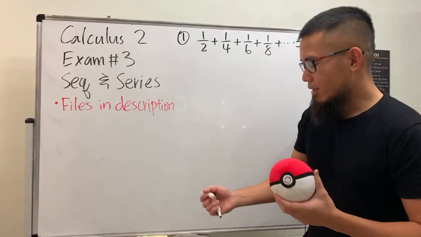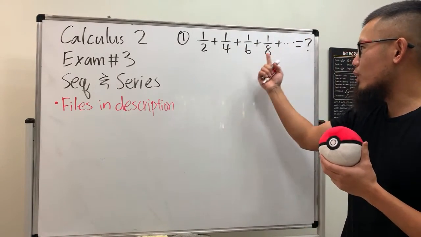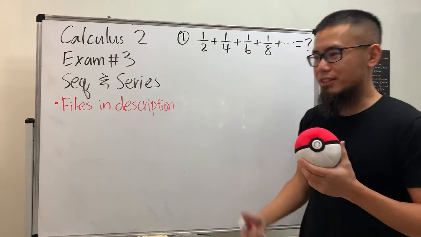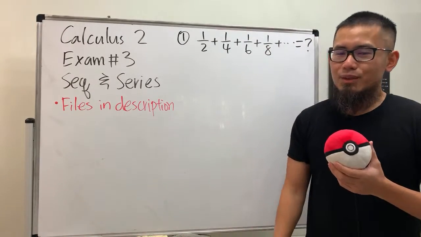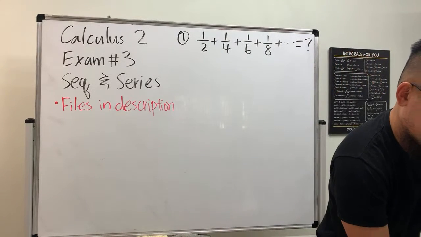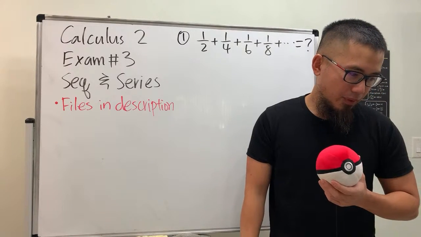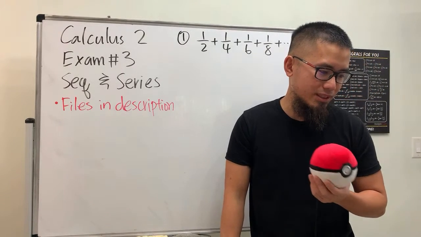All right, cool. So here's the first question. We have 1/2 plus 1/4 plus 1/6 plus 1/8, and so on. What's the answer for this? Does it even converge? You can factor out the 1/2, and then you will see that it diverges.